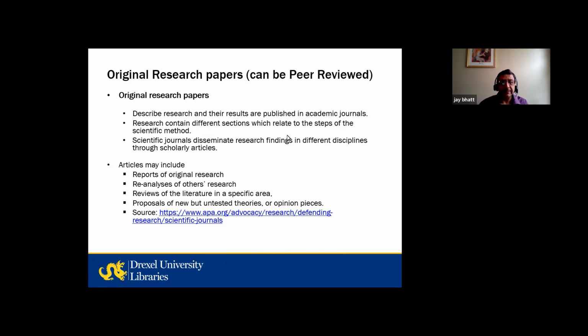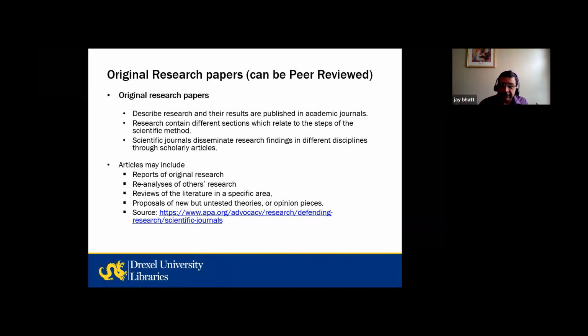Original research papers may include reports of original research. It describes research, and the results are published in academic journals. A research paper contains different sections which relate to the steps of the scientific method. Scientific journals disseminate research findings in different disciplines through scholarly articles.